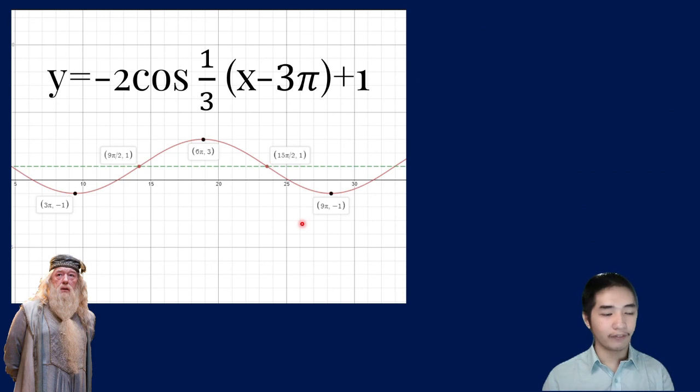So for the graph of the equation y is equal to negative 2 cosine 1/3 quantity x minus 3 pi plus 1, here are the coordinates. We have 3 pi and 1, 9 pi over 2 and 1, 6 pi and 3, 15 pi over 2 and 1, and 9 pi and negative 1.